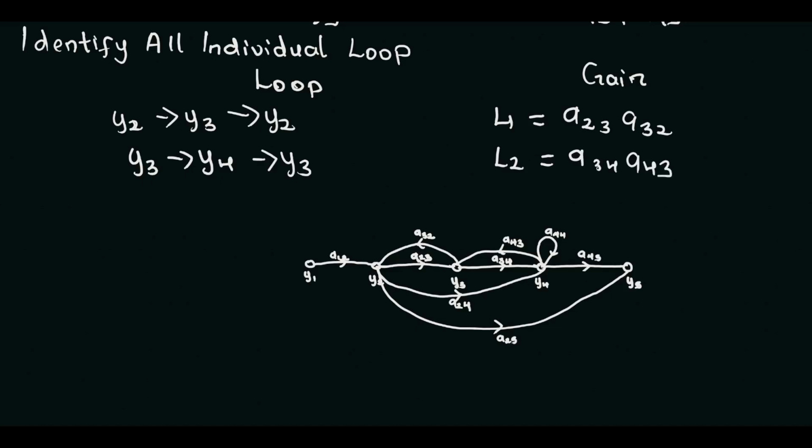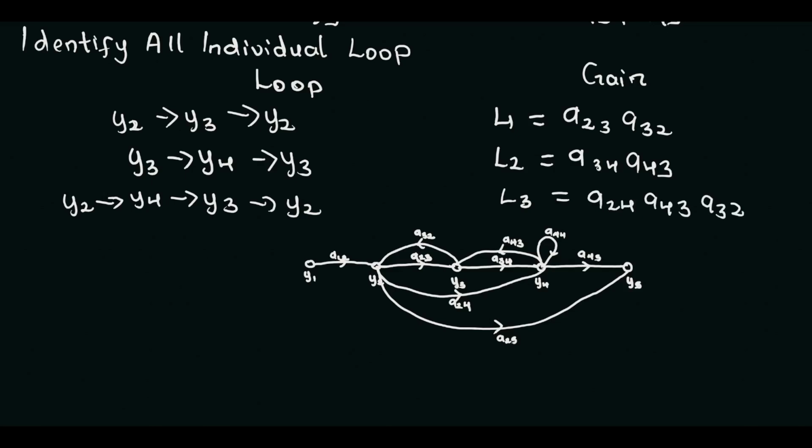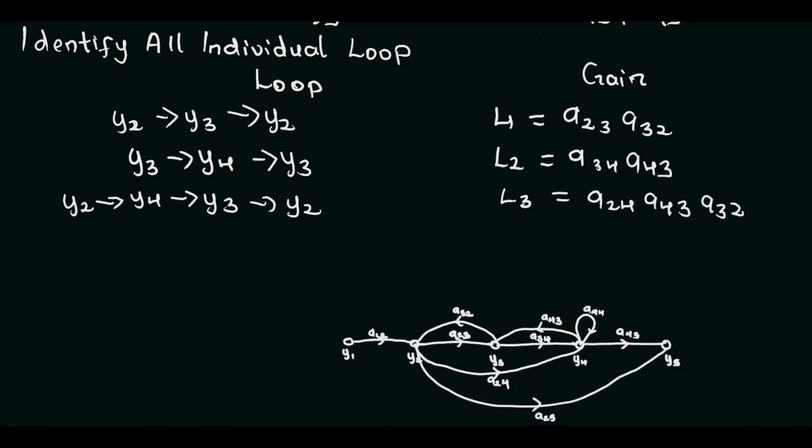And your other loop is Y2, Y4, Y3, back to Y2. L3 equals A24, A43, A32. Your last loop is Y4 to Y4. It is L4 equals A44.